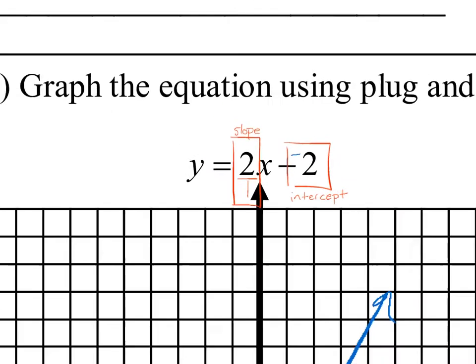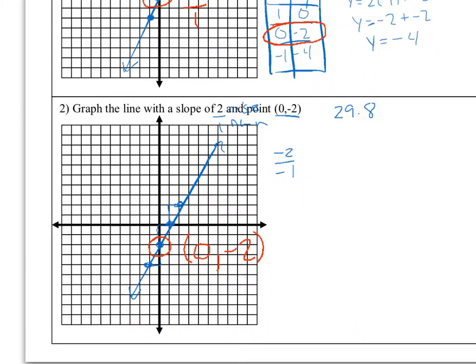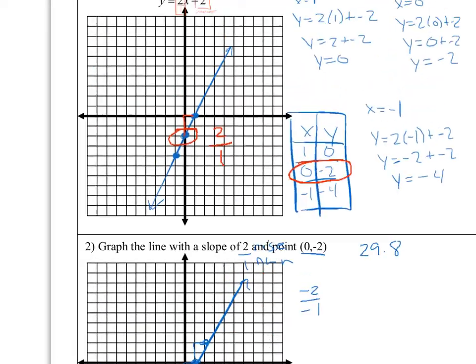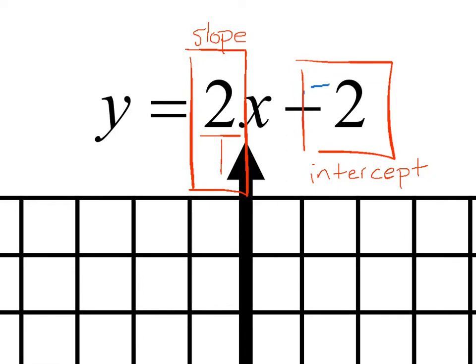Now, when I was given the slope and the y-intercept down here in this second problem, it wasn't given to me in equation form. It was just, here's a point, here's the slope. It took me 1/4 the amount of time to graph it. So, using your brains, we can combine the ideas that we had yesterday with the ideas that we are seeing today about how slope-intercept form really works.